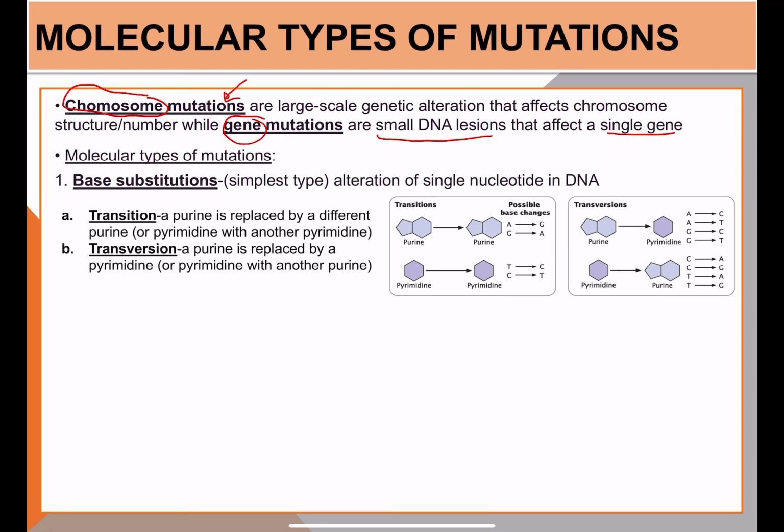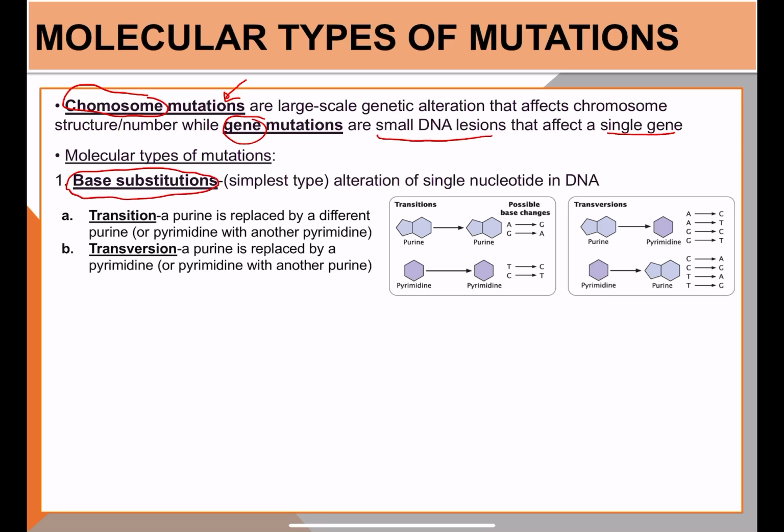First type is called base substitutions. And as the name suggests, it is basically that one nucleotide was switched over to another nucleotide. It is the simplest type of gene mutation because it only involves one single nucleotide difference in the DNA sequence of a gene.